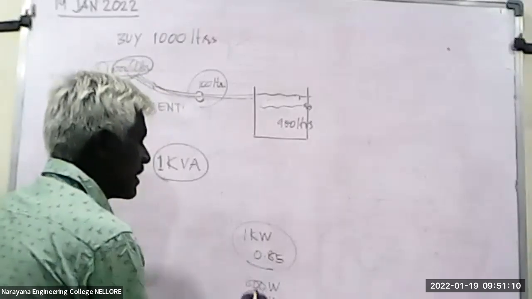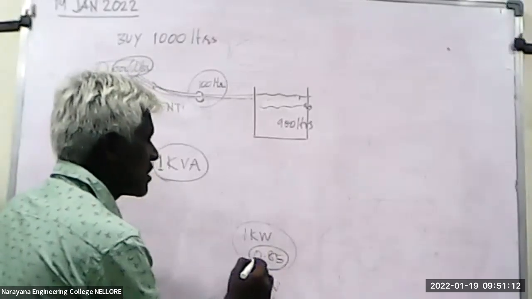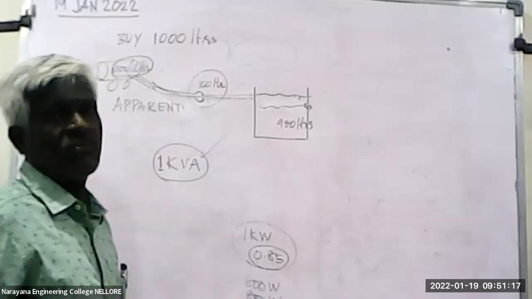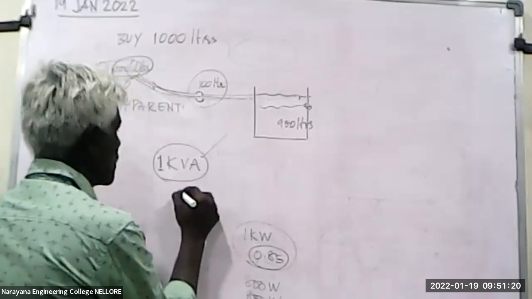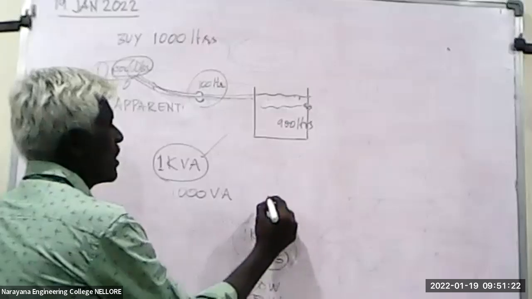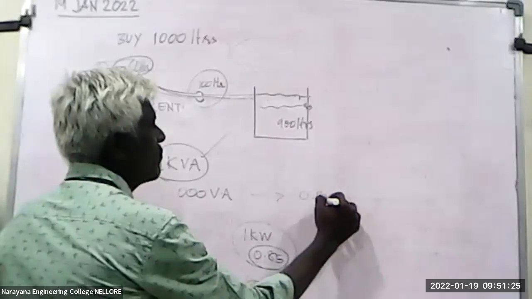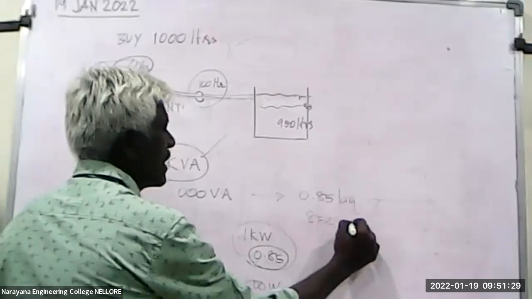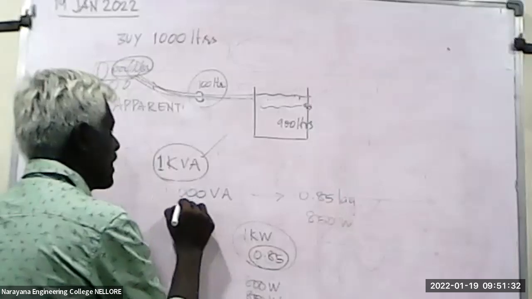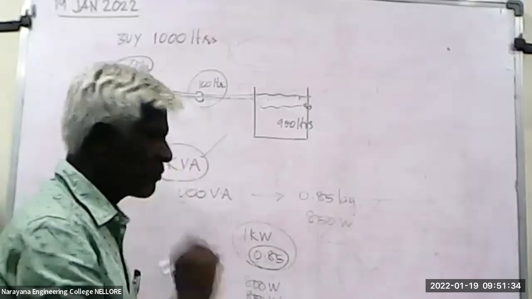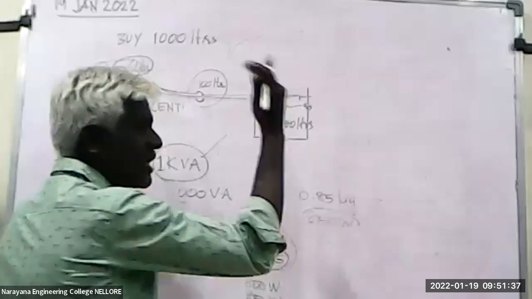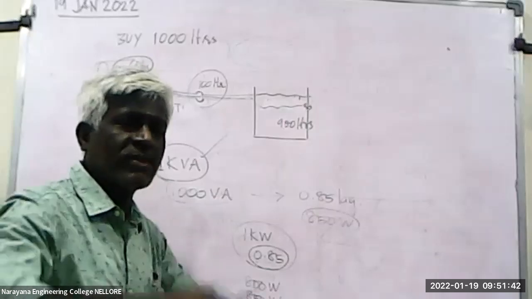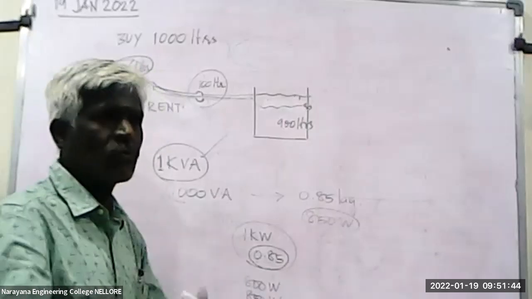Because the real power which can be delivered with this load is only 850, though your generator is 1000 VA. If you connect a load of 0.85 lagging power factor, only an 850 watt load it can take. So apparently it can load up to 1000 watt at unity power factor, but you can load the generator only to 850 watt. When you try to load more than 850 watt, it will switch off because of overload.